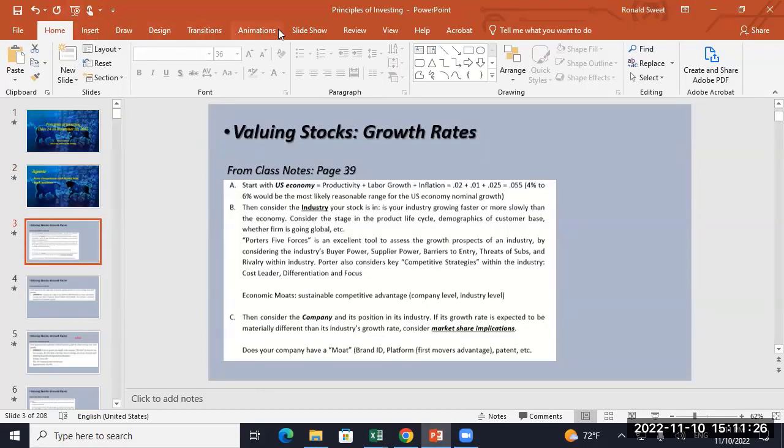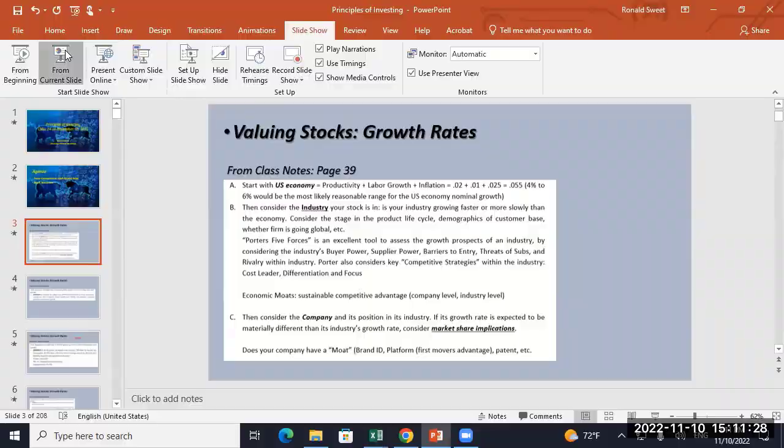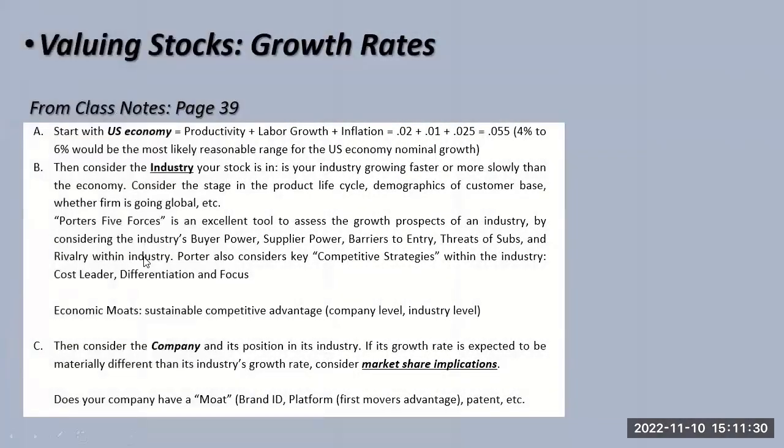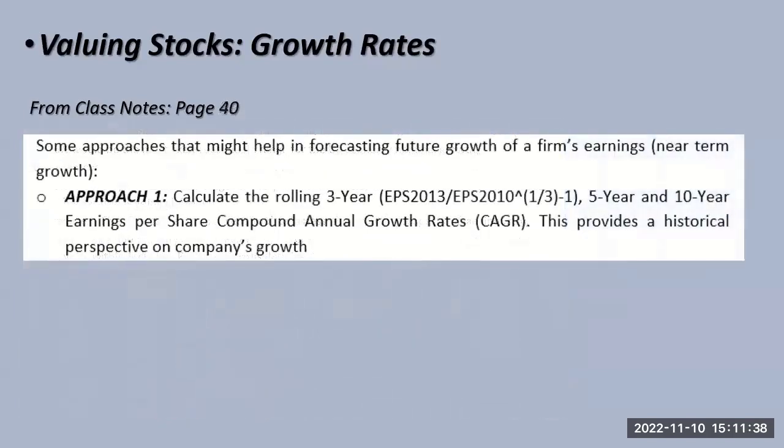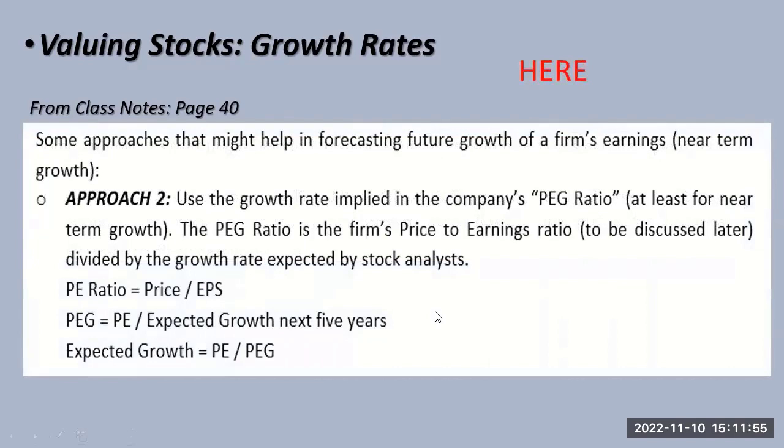All right, let's keep talking about stocks. So last class, we said you've got to get that economic growth as a basis. You've got to talk about your industry, talk about your individual company. Your long-term growth is probably going to be tied to the economy. For shorter-term growth, we talked about the PEG ratio. You can use Capital IQ to get some historical perspective.